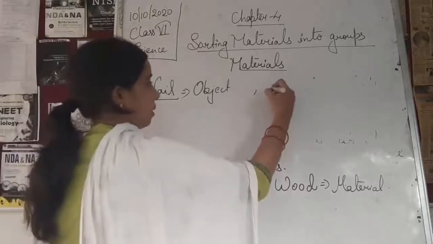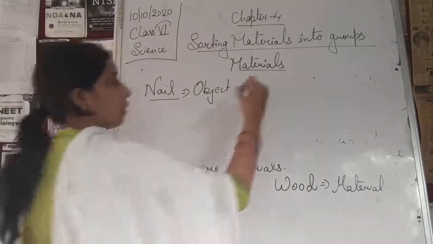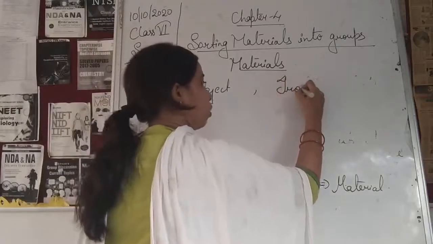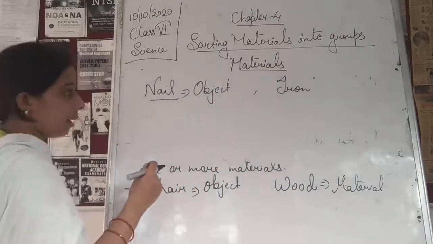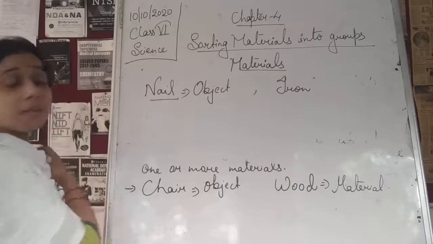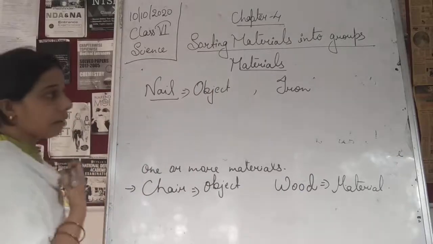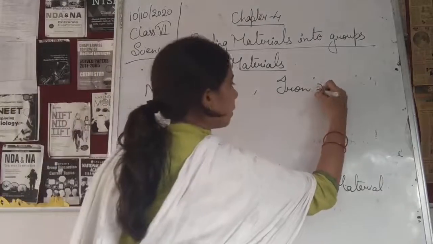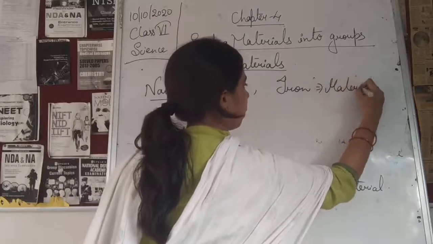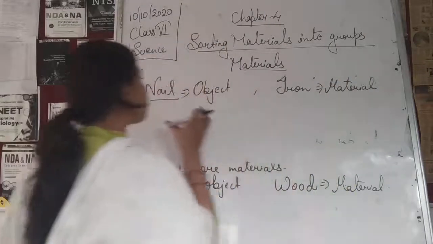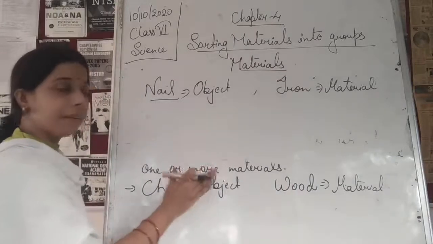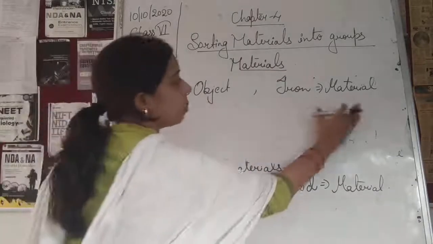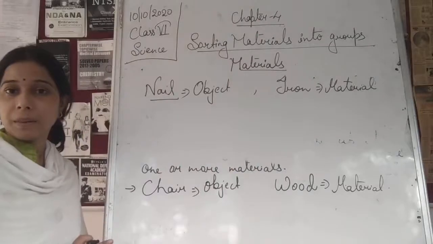Okay, so we can say that maybe it is an iron nail. So we will say that nail is an object, and since it is made up of iron, iron is what? It is a material. So we can say that this nail object is made up of iron material. So an object is made up of a material.